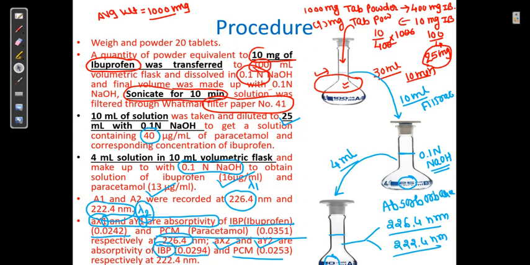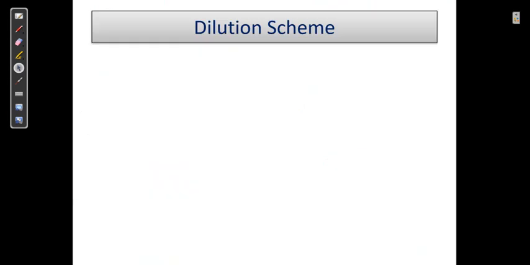So all this procedure I have made in a simplified form in a dilution scheme. First, weigh tablet powder equivalent to 10 milligram of ibuprofen.